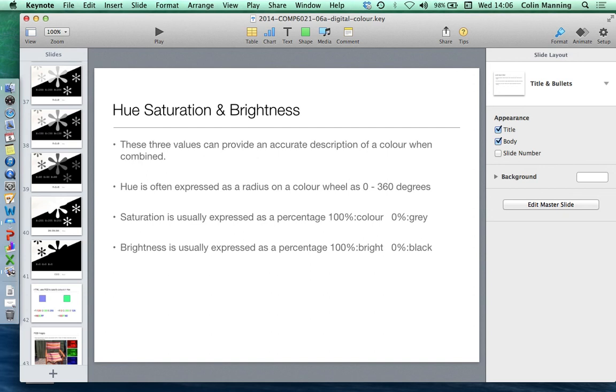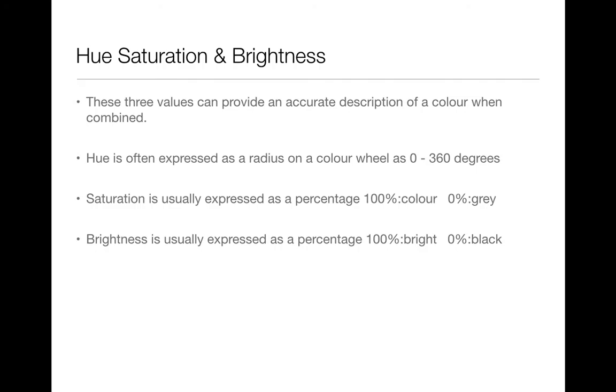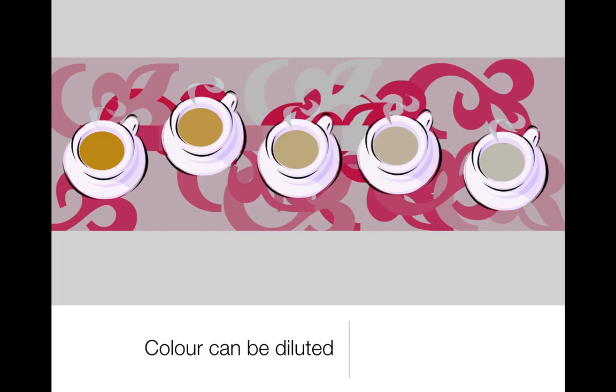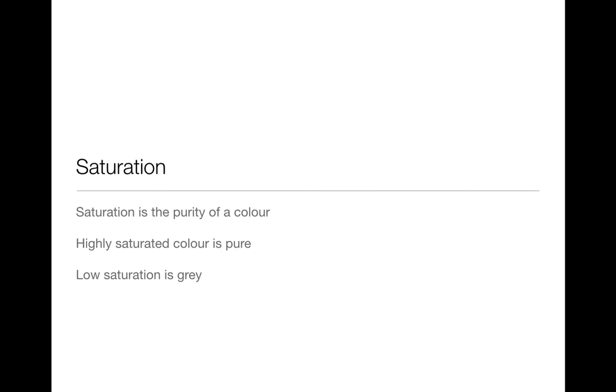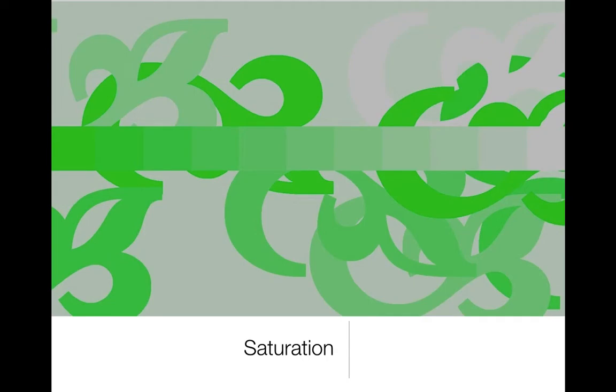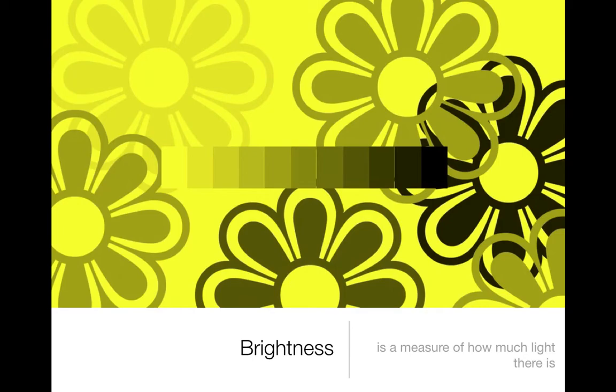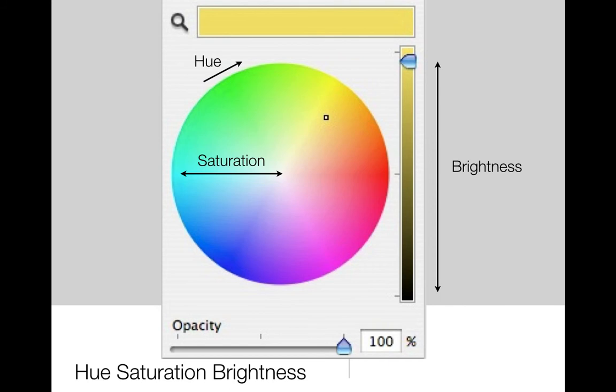Okay, so in the last class we had been looking at the HSB system for representing color, where we had hue, saturation, and brightness.